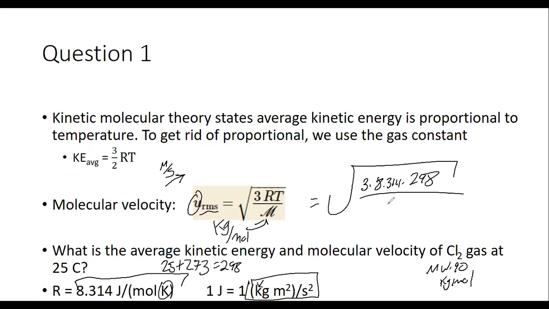So instead of 90, you're going to put in 0.09, because there are 1,000 grams in 1 kilogram. You solve for that, you get a speed in meters per second. That is molecular velocity.